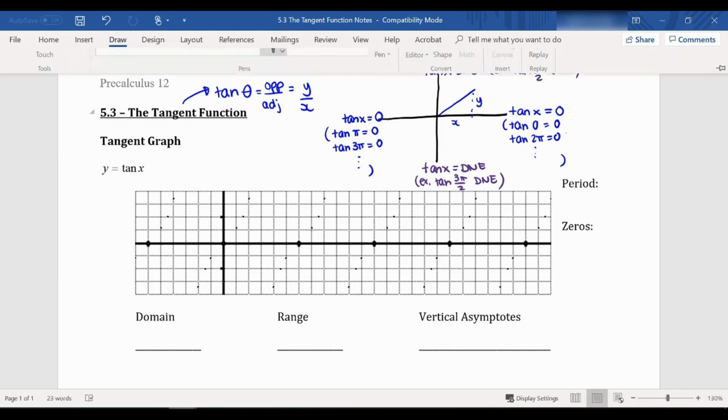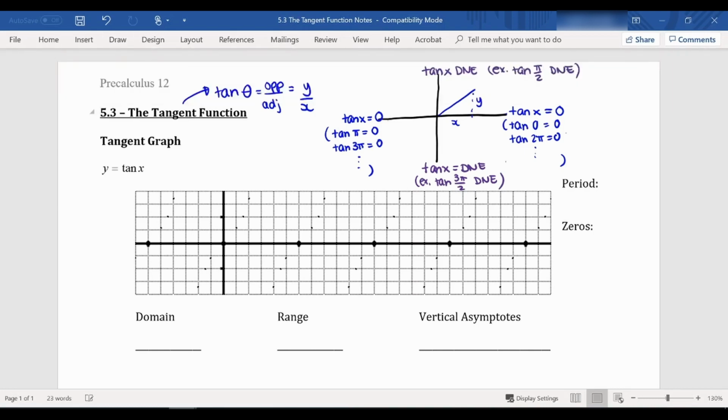Okay. Also a reminder from CAST, we have that tangent is positive in quadrant 1 and quadrant 3, and negative in quadrants 2 and 4.